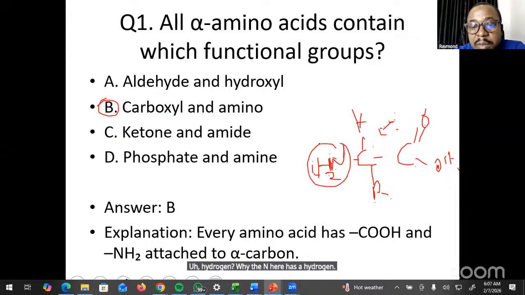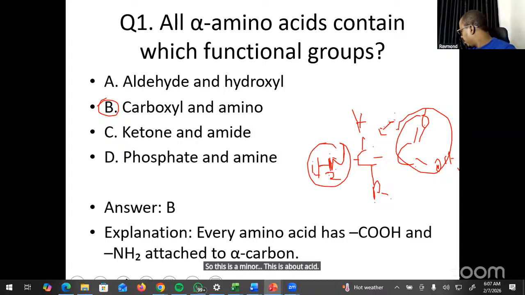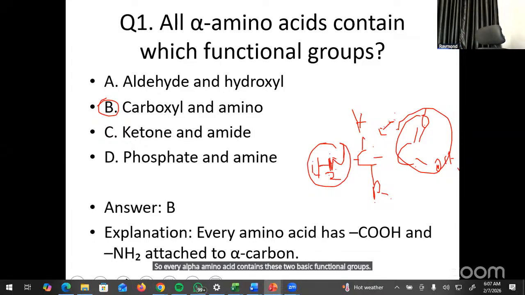So this is amino, and this is what? Acid. So every alpha amino acid contains these two basic functional groups, the amino group and the carboxyl group.